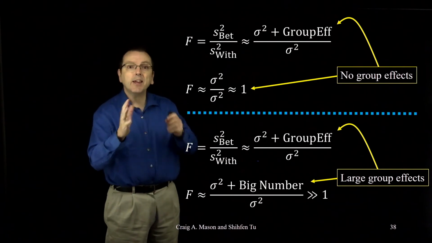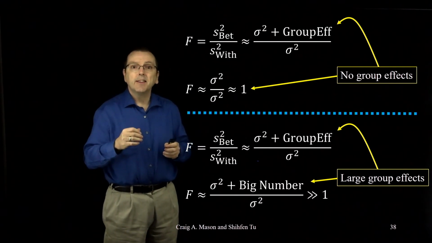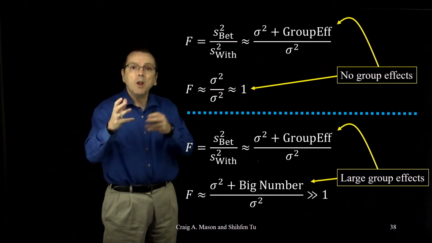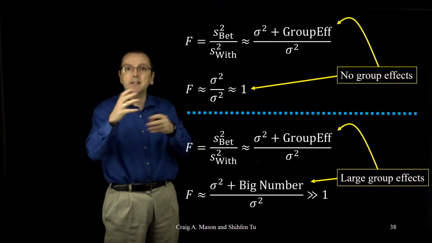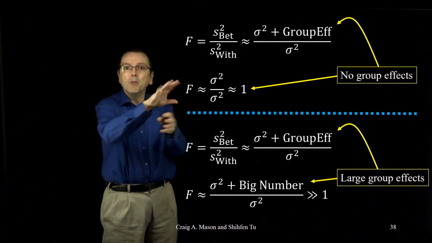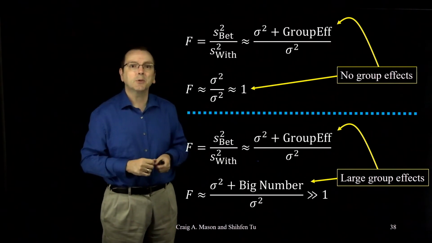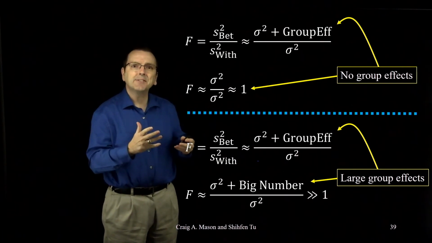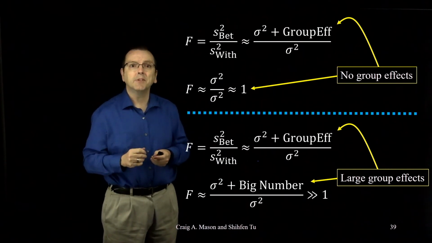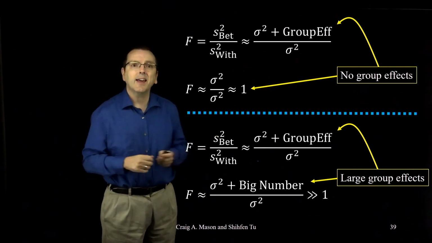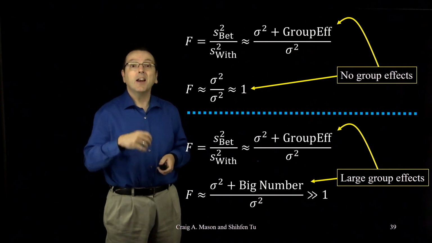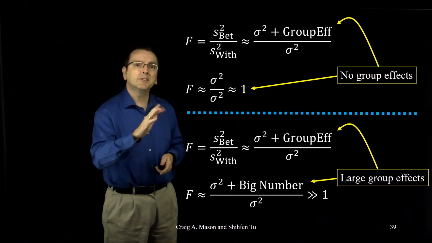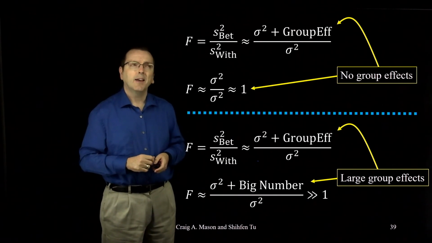So even if there is no group effect, the S squared within and the S squared between will almost certainly be different values, even though they're both estimating that same sigma squared. And because of that, you can get F's that are less than 1. You can think of that as indicating that you're seeing even less random variation between the samples than you would have expected.